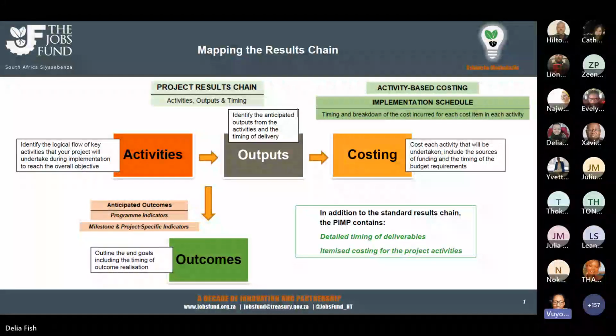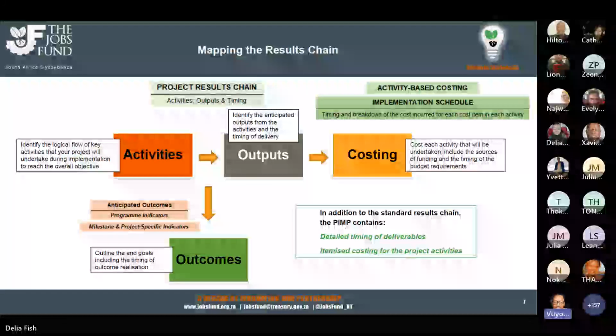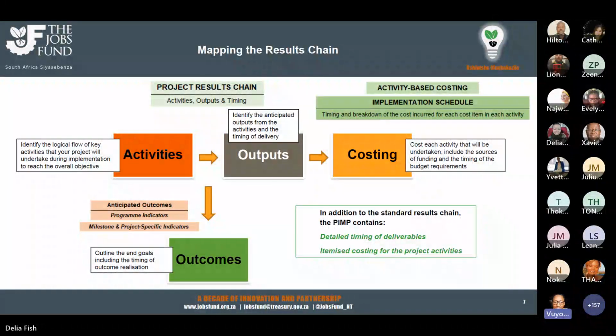We have in this slide tried to highlight where the activities and outputs are found or located within the ABC PIMP. So within the ABC PIMP, you will see a section that speaks to project results chain. And of course, in relation to the outcomes, you'll see a section in the same tab that speaks to anticipated outcomes, which are constituted by program indicators as well as project-specific indicators.